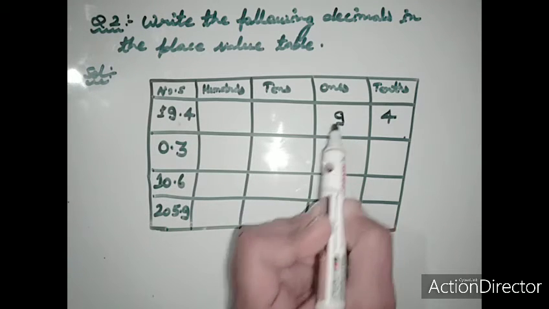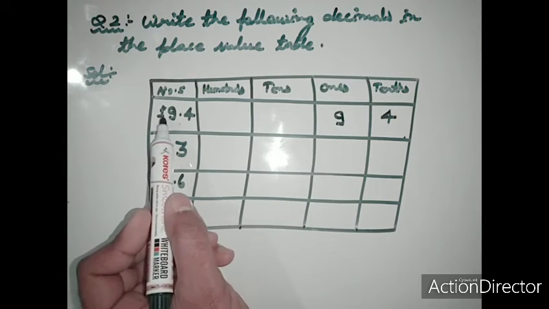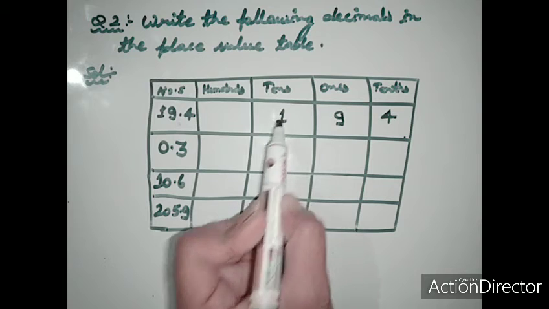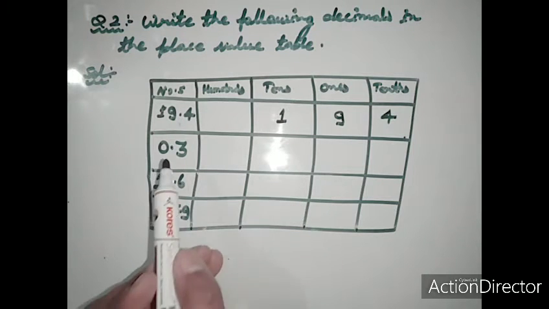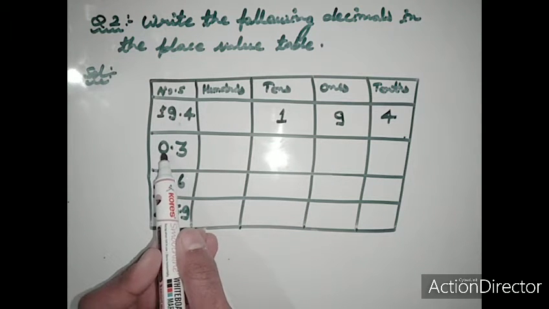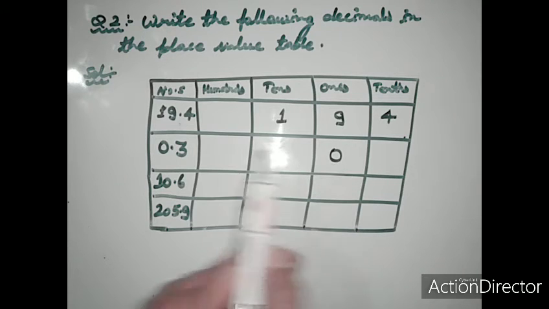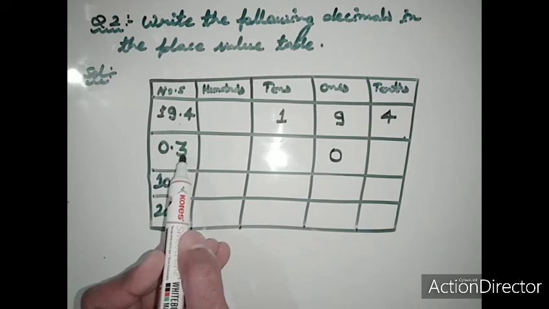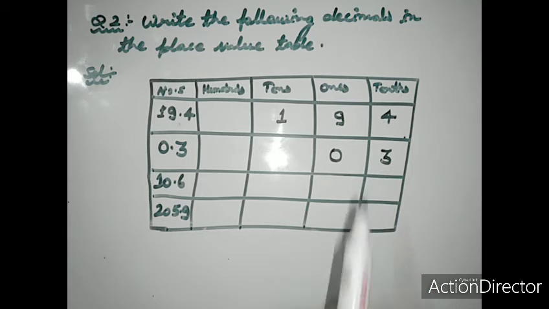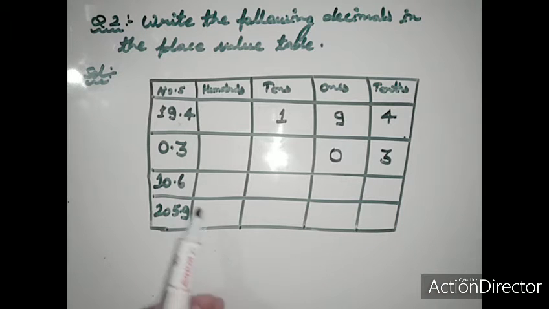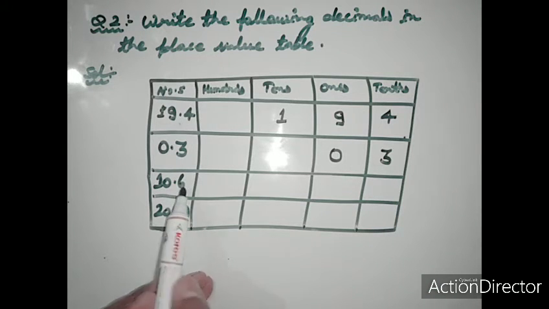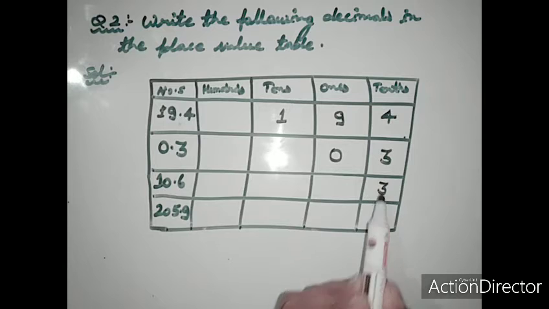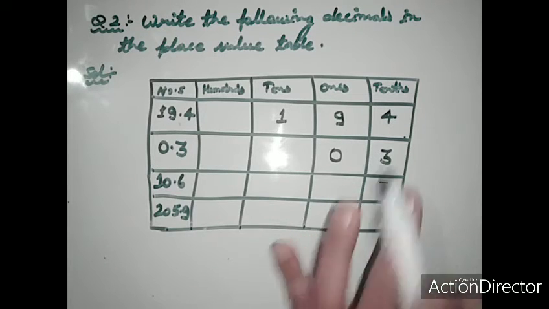Ones. So we write 9 here. What is the place of this 1? Tens. So we write 1 here, right? Now what is the place of this 0? In the ones place, so we write 0 here. What is the place of this 3 after the decimal? Tenths. So we write 3 here. Now what is the place of this 6? Right? In the tenths place, 6.